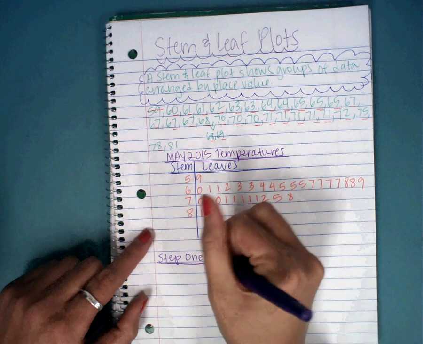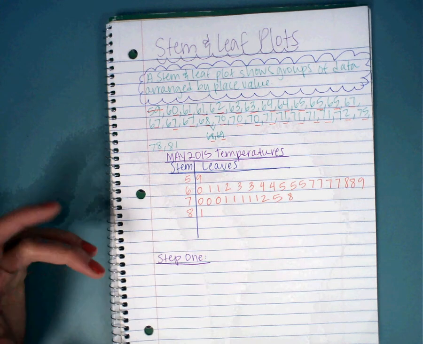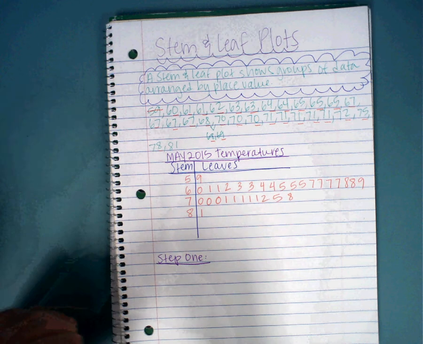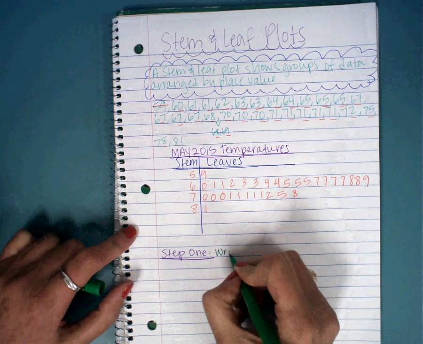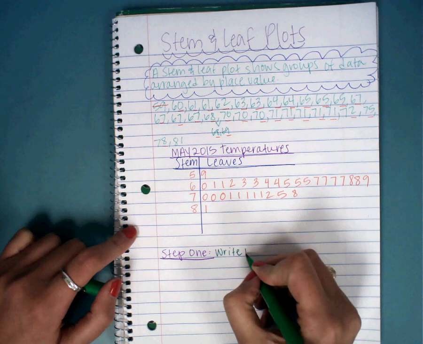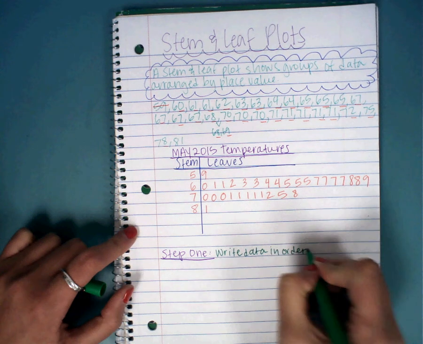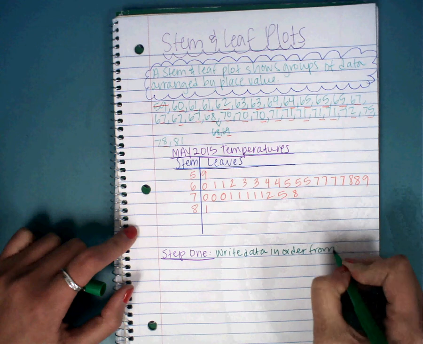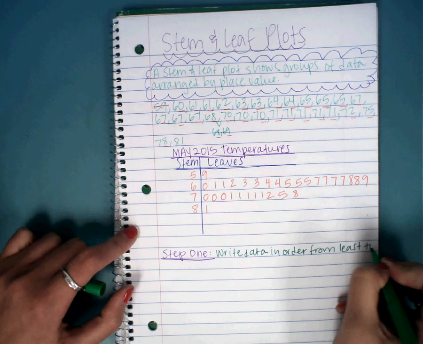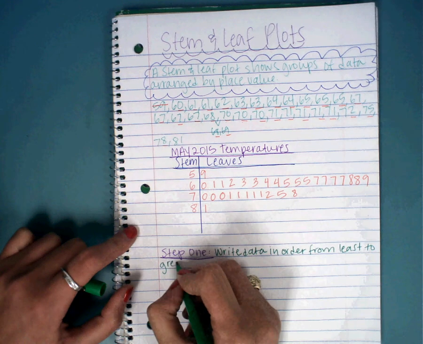Let's do it in green. Write data in order from least to greatest, right?